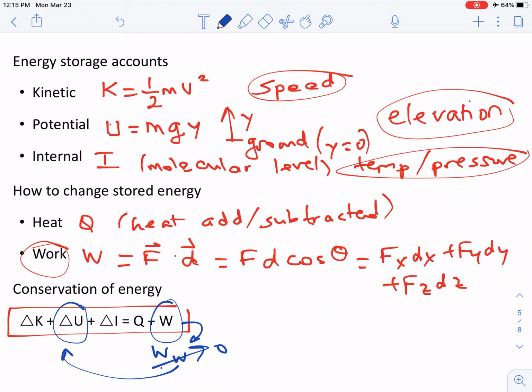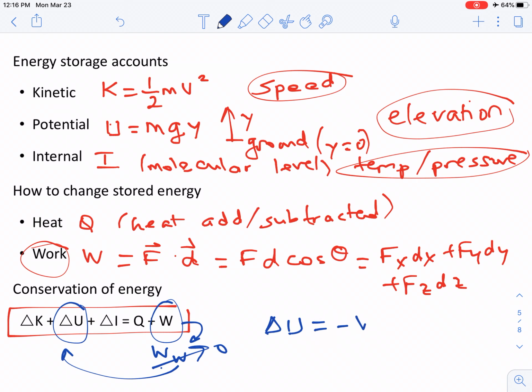Okay, or you can do the opposite. You can keep the work done by the weight force on the right side in the work term and get rid of delta U, and then say this is counted as work done by the weight force on the right side.